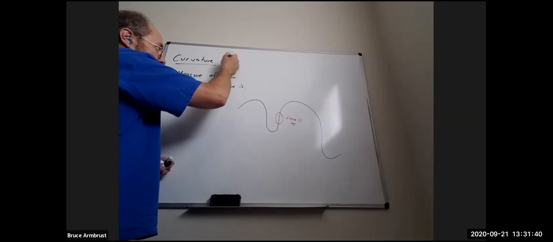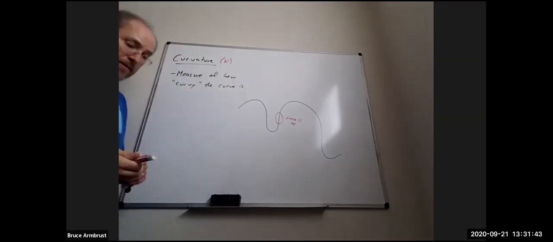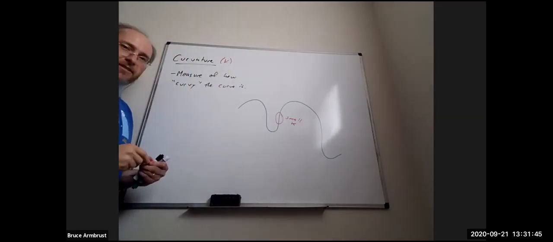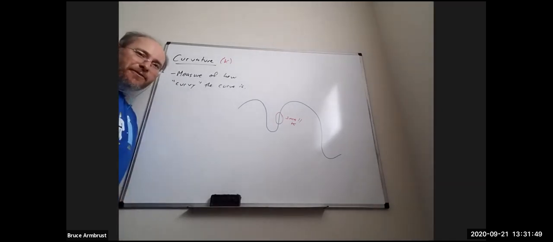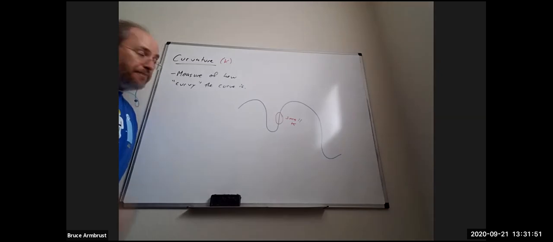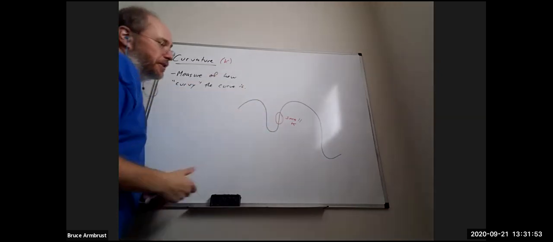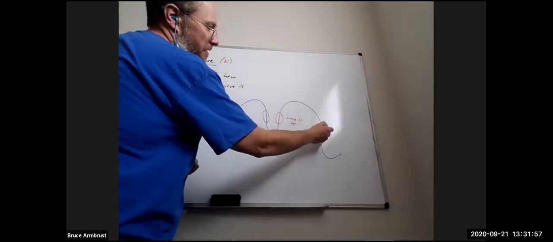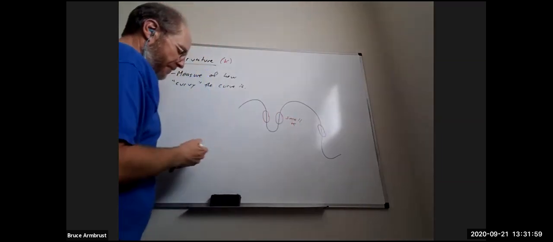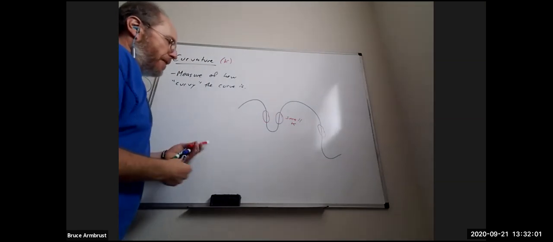By the way, curvature we use the letter k for. Yeah, curvature starts with k. We use C for everything. So that's kind of small curvature there. Here's another spot where it's got small curvature. There's pretty small curvature around there.